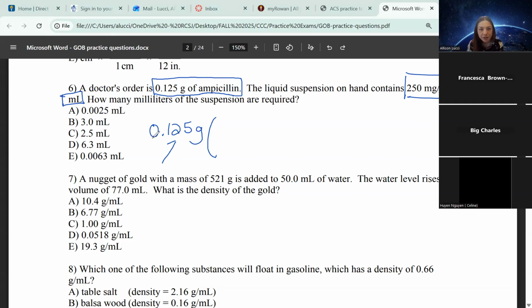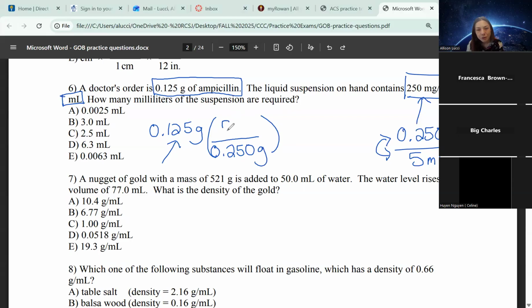So if I only need this target, this 0.125 grams, I can take that and divide by this value in grams, 0.250 grams, right? I'm going to convert my conversion factor to be in the same unit so that it will cancel. And then I just need to flip my conversion factor so that my units do cancel. So now that I'm in grams here, I'm going to put my 250 milligrams as 0.250 grams down here.